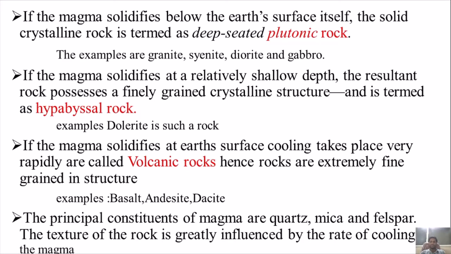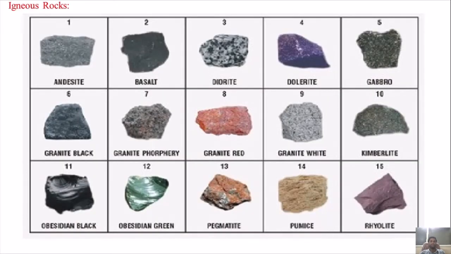Yes, let us take you through the different types of igneous rocks. Andesite, basalt, dolerite. Number 3 is a dolerite. Number 4 is again a dolerite, of a different color. Diorite, dolerite, gabbro, granite. Black in color, granite porphyry, granite red, ruby red, which you can generally see in tiles and all. Granite white, black and white will be there.